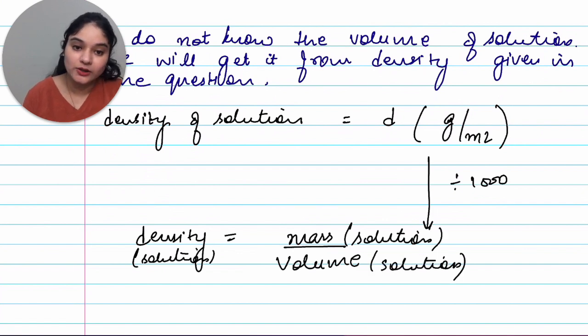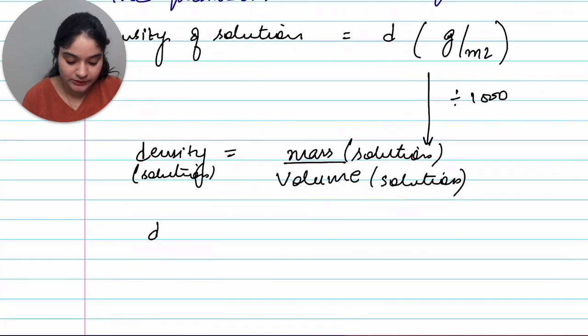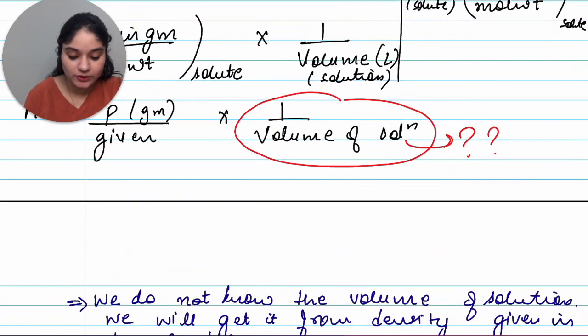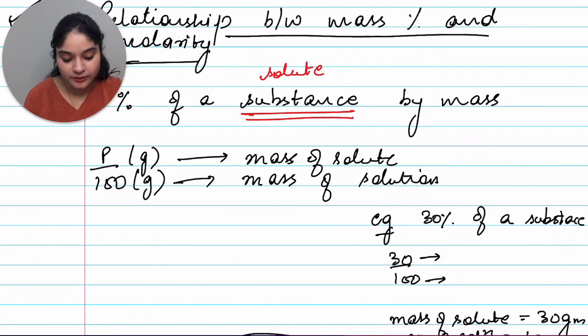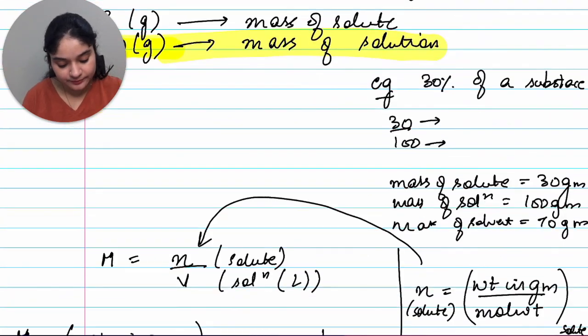Correct? Density of the solution is given to you as D grams per milliliter, and this mass that we have for solution, we already have that here. The mass is 100, right? So you put that 100 there.